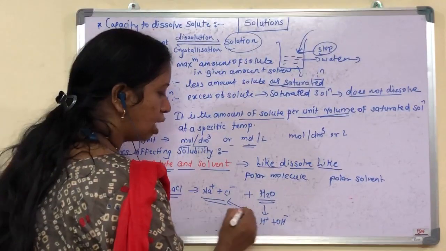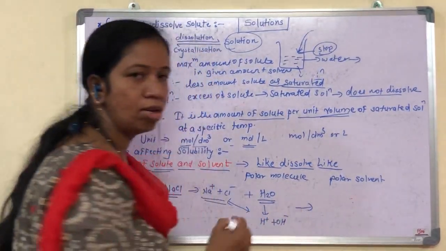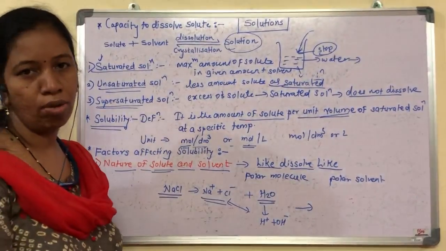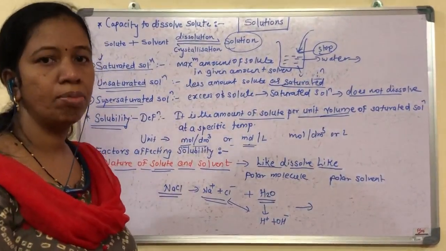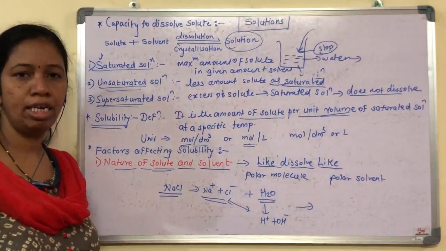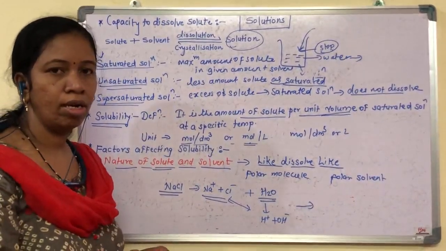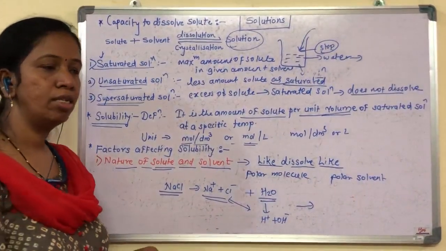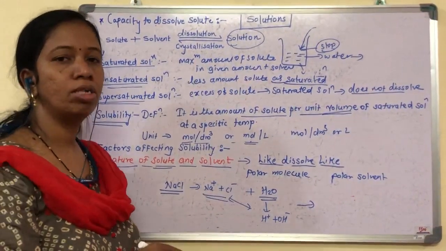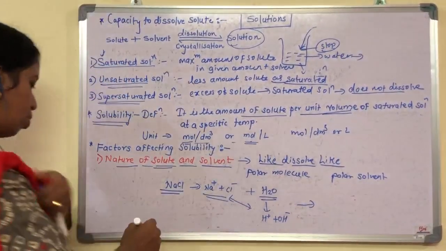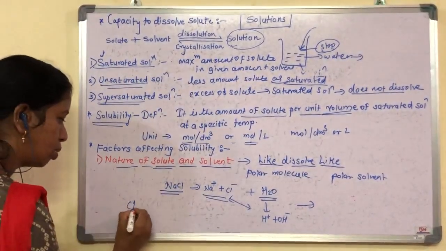So these are like dissolves like. If both the solute and solvent are in the same phase or in a polar state, they can easily dissolve in the particular solvent. But for non-polar solvents, such as organic solutes, we are going to take the example of cholesterol.